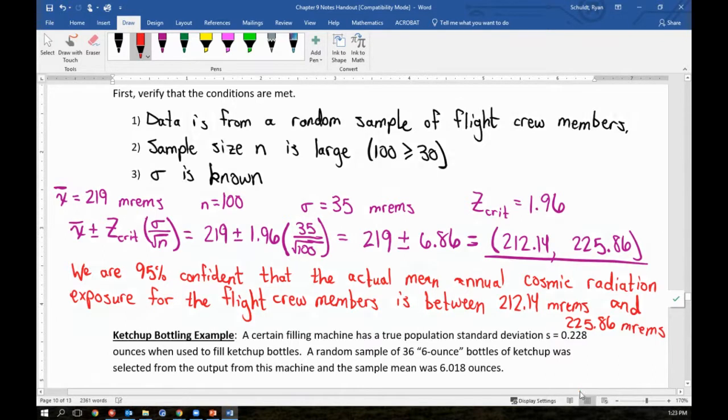And I don't know how you actually say those units. I'm guessing the M is milli. I don't know what the REMS is. That's why I say millirems.